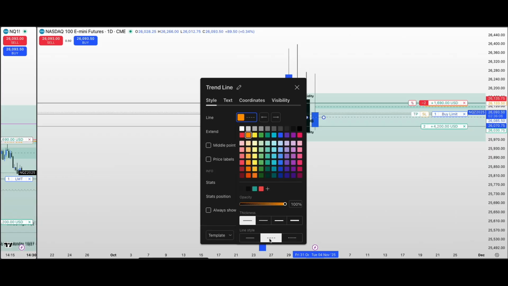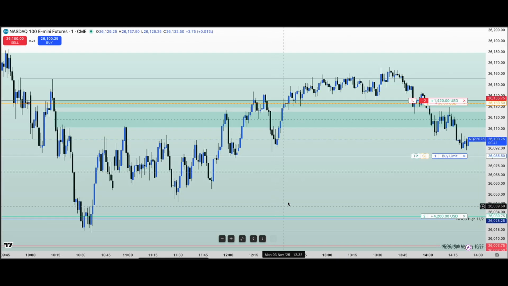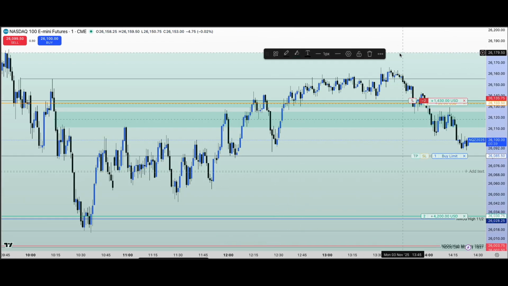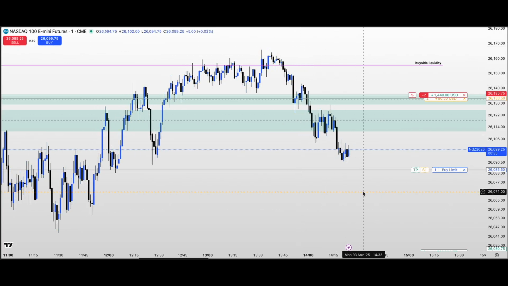Make this dotted. So this is the consequent encroachment right here of the daily suspension block that we just saw.